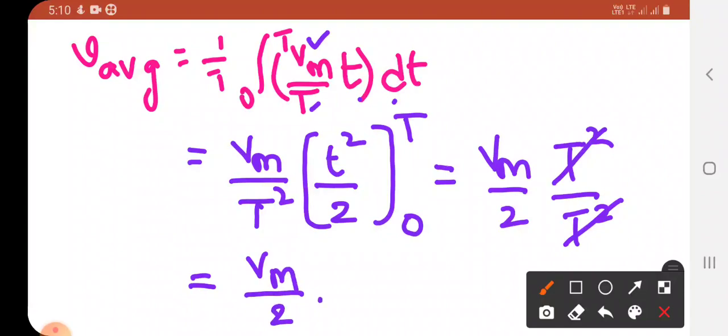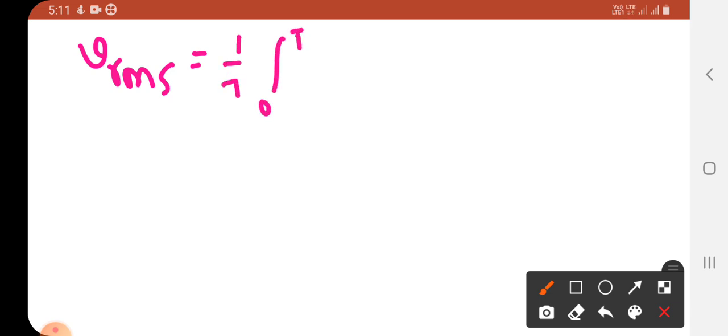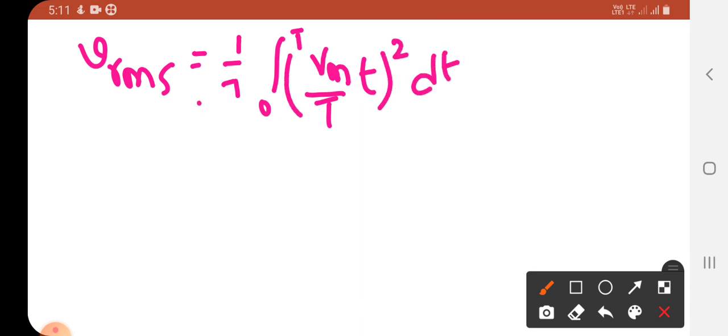So here this value is Vm by 2. Okay. Now what about the RMS value? Vm by 2 is the average. V RMS is equal to under the root, 1 by T integral 0 to T of (Vm by capital T into small t) whole square dt.